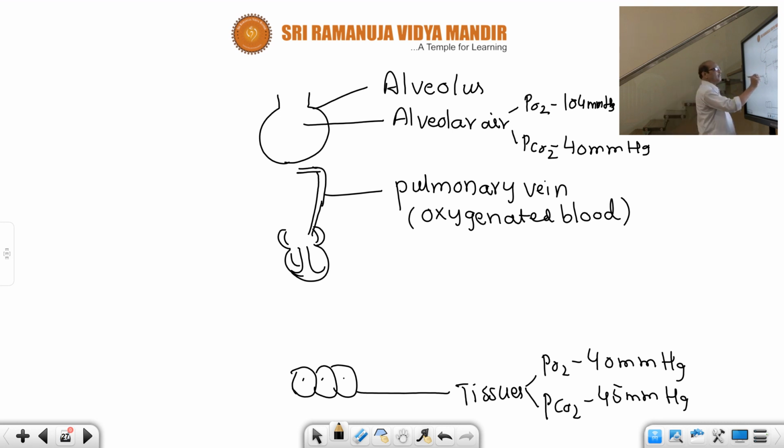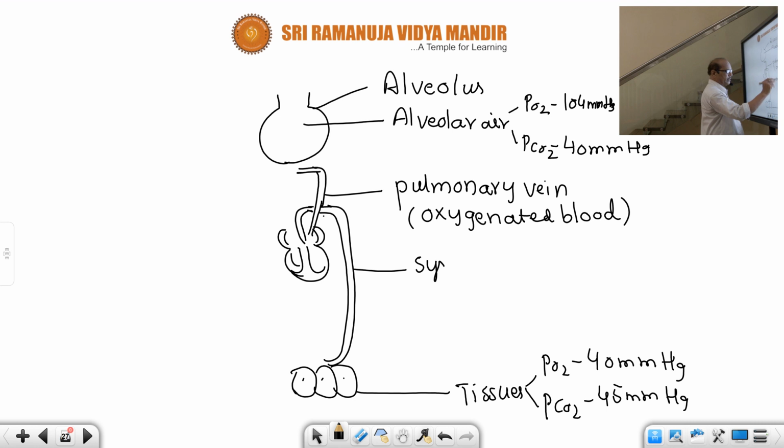And from this left ventricle, another blood vessel comes and goes down, ends at the tissues. This is called systemic arteries, or simply systemic artery.